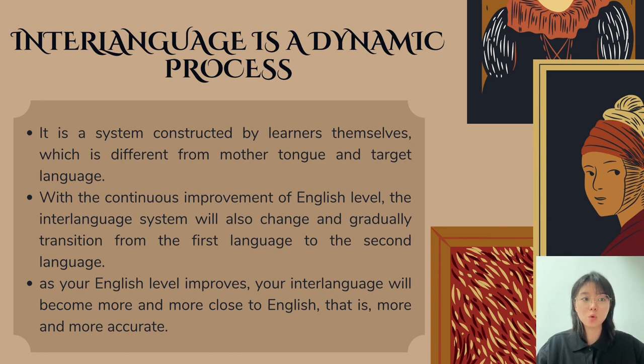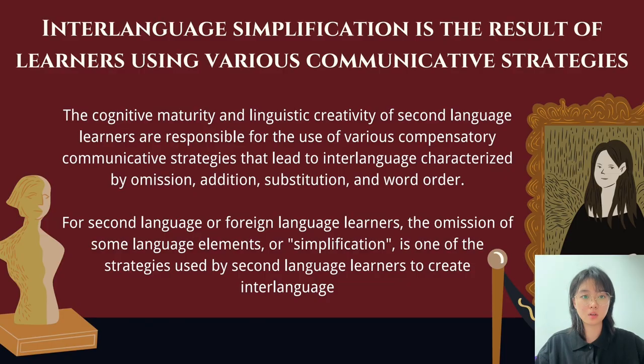For example, when Chinese people learn English, Chinglish will appear in the beginning, which is English usage that doesn't conform to English grammar. It's called interlanguage. But as your English level improves, your interlanguage will become more and more close to English, that is, more and more accurate.